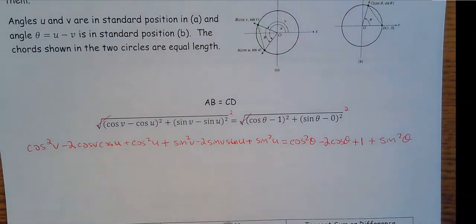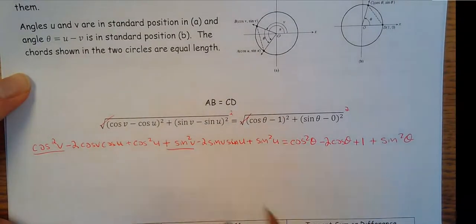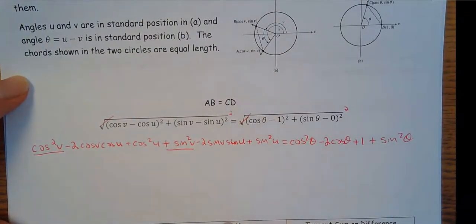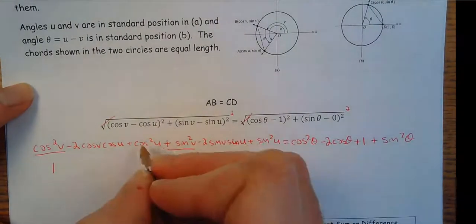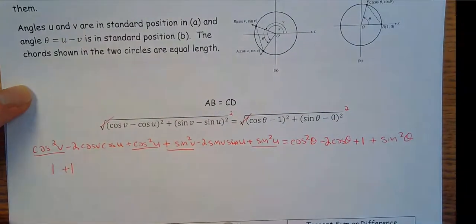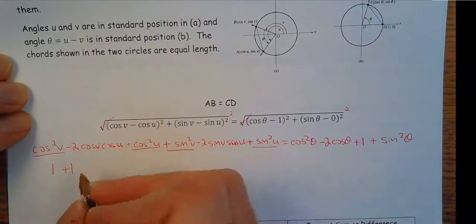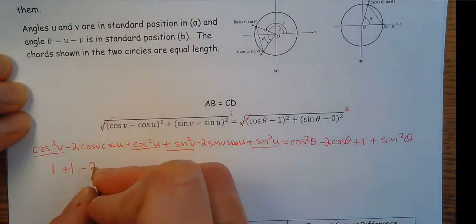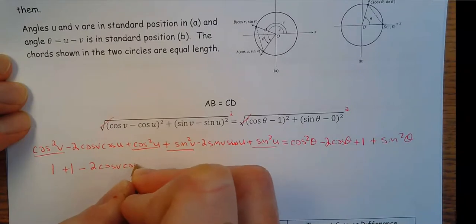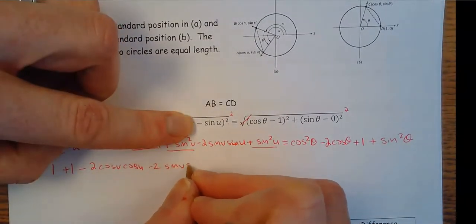Now on the left side, pair things up: cosine squared V plus sine squared V is going to be a 1. And then cosine squared U and sine squared U, that's another 1. So plus 1. Those two are just going to be 1s. And then minus everything else: minus 2 cosine V cosine U minus 2 sine V sine U.